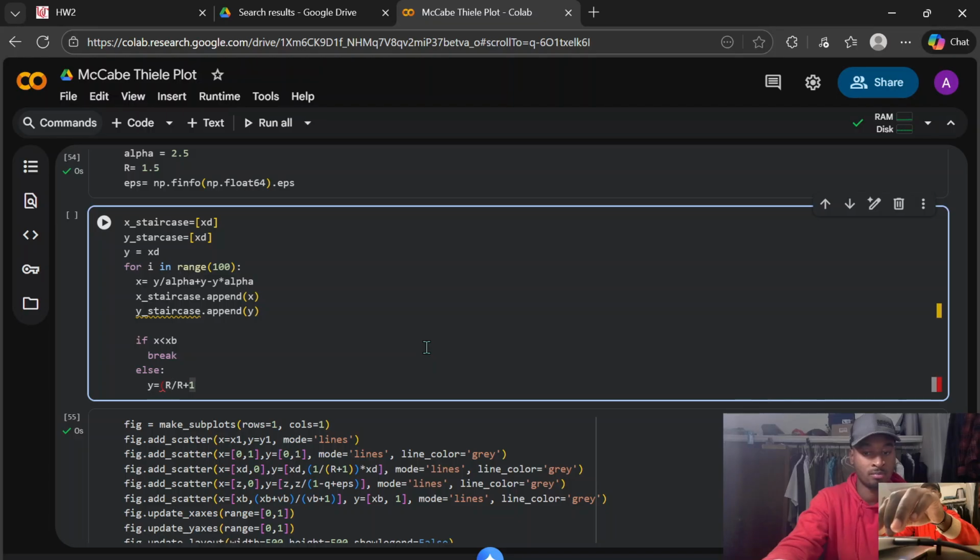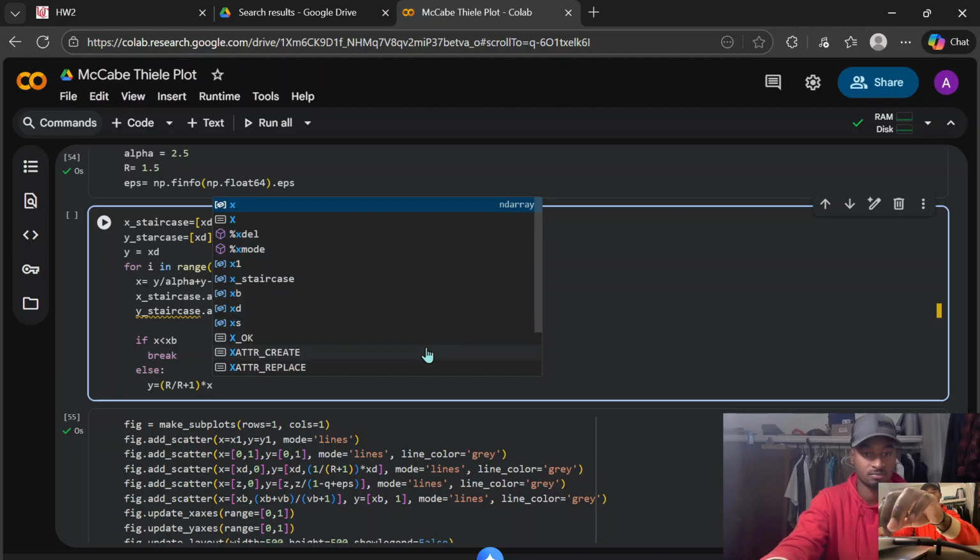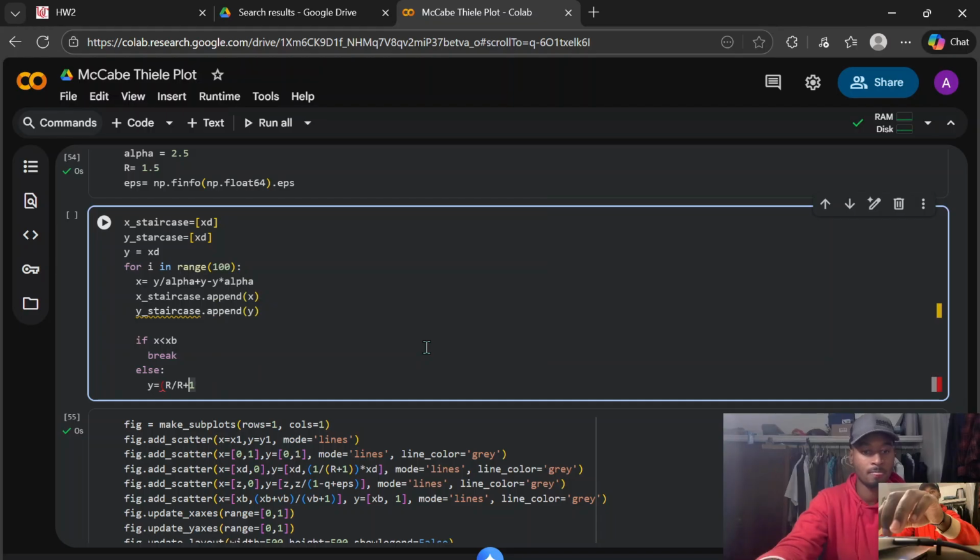And then that's all multiplied by x, so times x, right? Add xd divided by r plus 1 here, right? So that gives us the equation for the rectifying line.